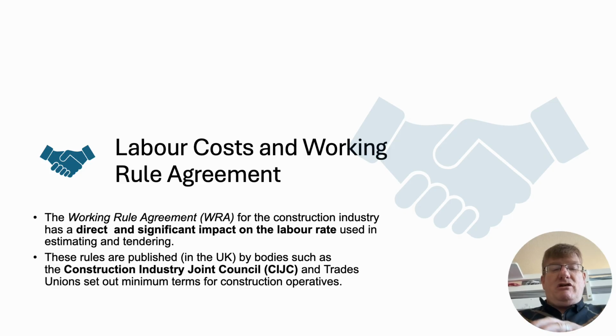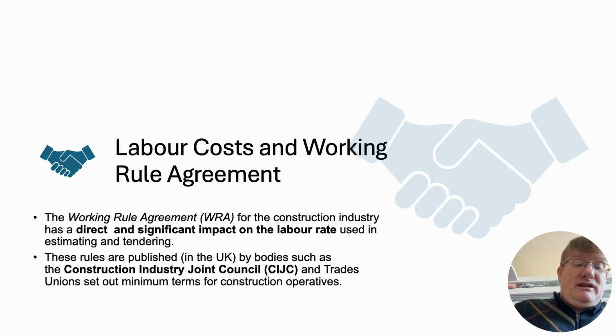So the labour cost and working rule agreement is a booklet. I've sent it over to Lucy, so it should be up on Moodle there. It's a direct guide on the labour rate used, and basically it gives us the rules that we should follow as quantity surveyors.